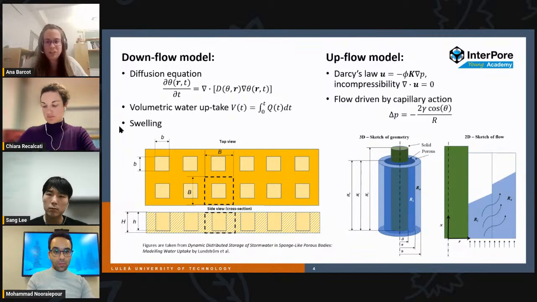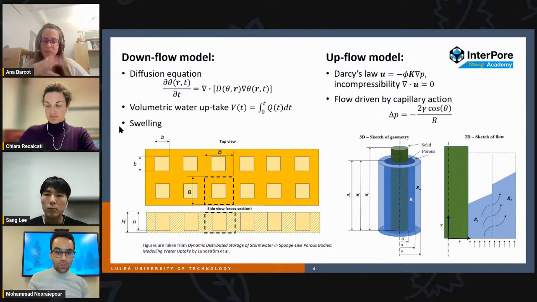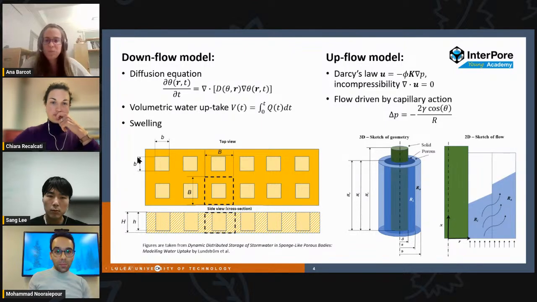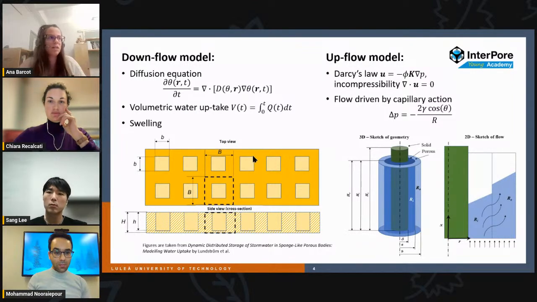So in this particular study, a prismatic block is taken, with a periodic arrangement of small cavities of cross-section small b times small b. This is a sketch presenting the increase of the absorption surface area, with the dashed line indicating a unit cell.